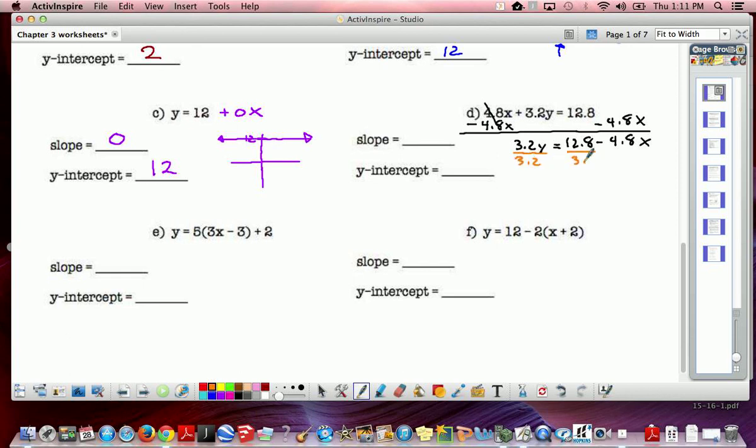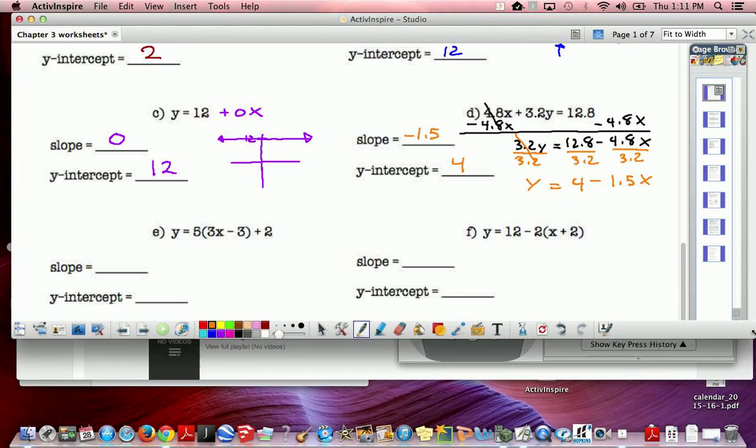Now when I divide every term by 3.2, those cross out, so I have y equals 12.8 divided by 3.2 is 4, minus 4.8 divided by 3.2 is 1.5x. You can check also on your calculator to make sure I'm doing the arithmetic right. But now I have it in this particular form. My y-intercept is 4, my slope is negative 1.5.